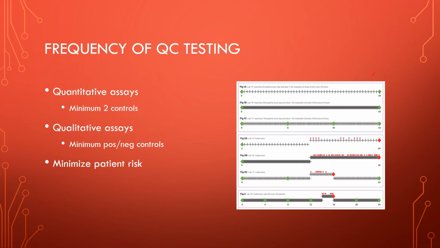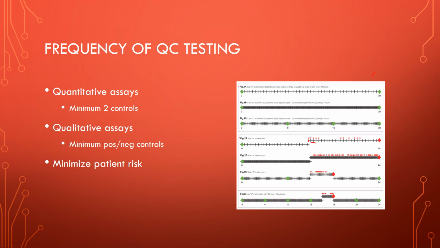So if there is a malfunction, if you look now at figure 2, if we add into figure 1 just the number of tests run and the number of times QC is performed, Lab A could have a malfunction halfway through the day, and it will not be detected until the next QC is performed.